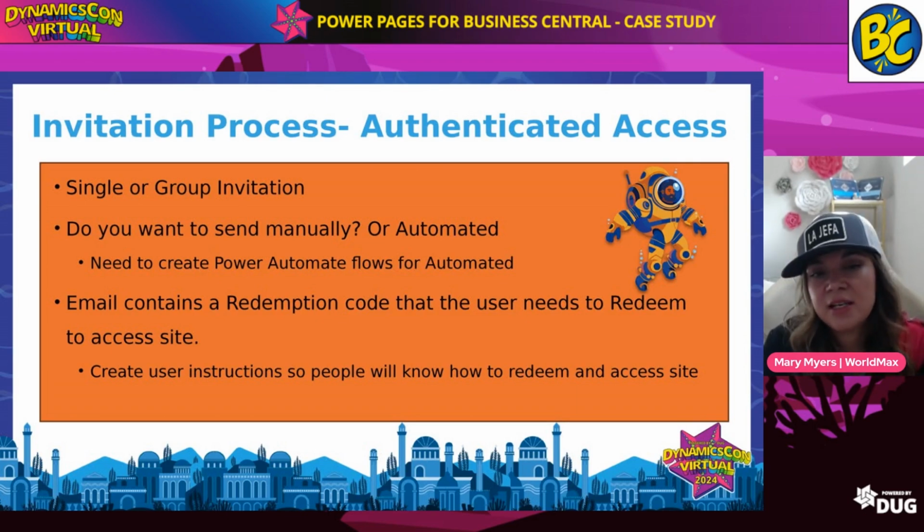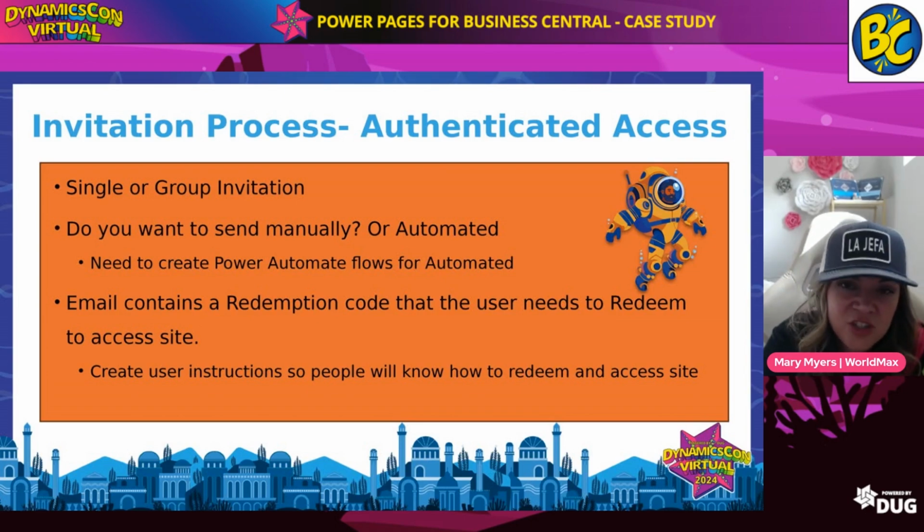When somebody is set up with a contact, that could give them an invitation code. But you have to identify how you are going to get this customer that invitation. You can send it manually, or the better thing, like I said, is to create an automated flow so that every time this specific checkbox is selected on that Dataverse table, it sends out an invitation to create their code for them.